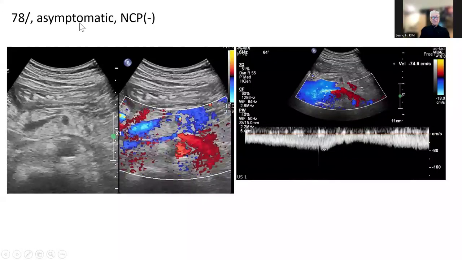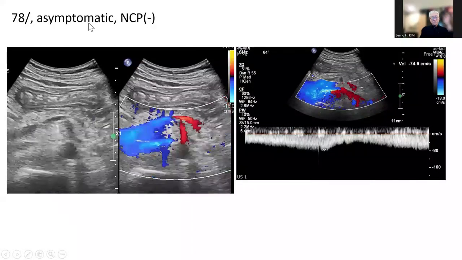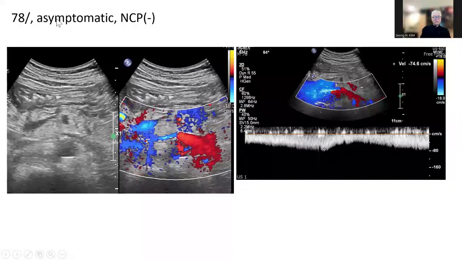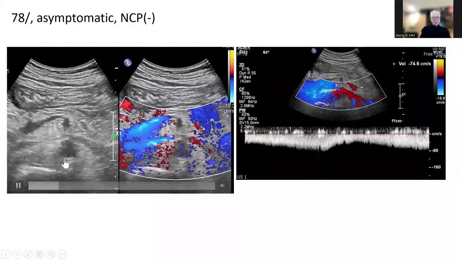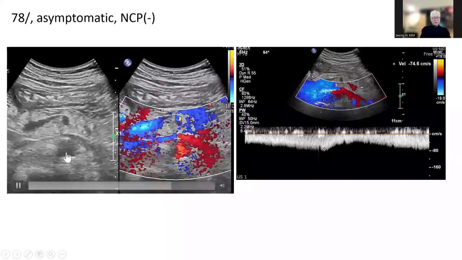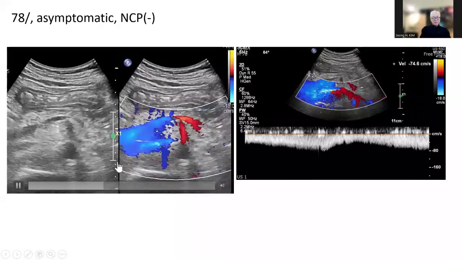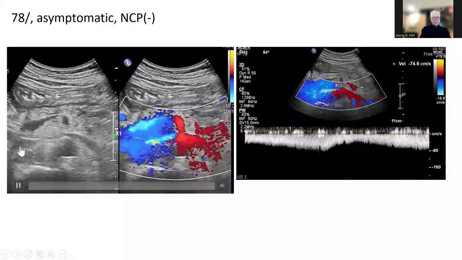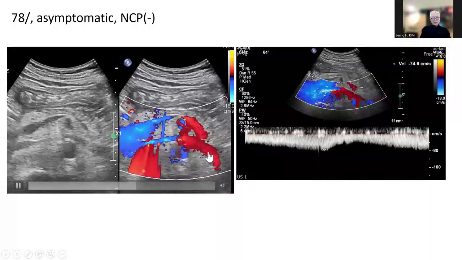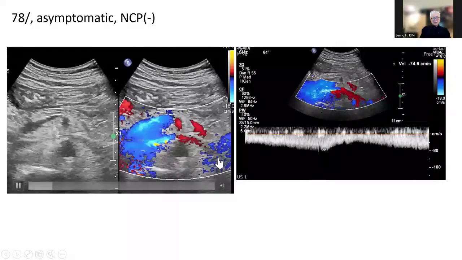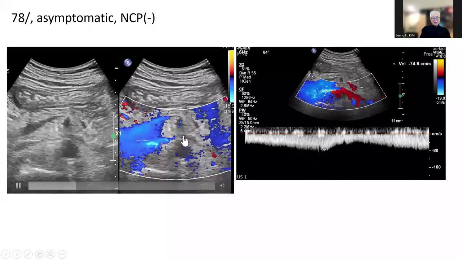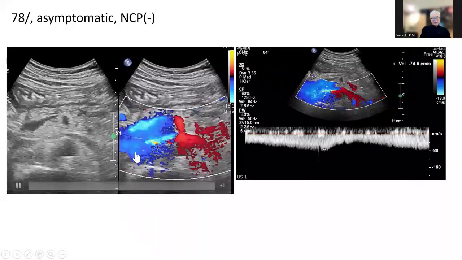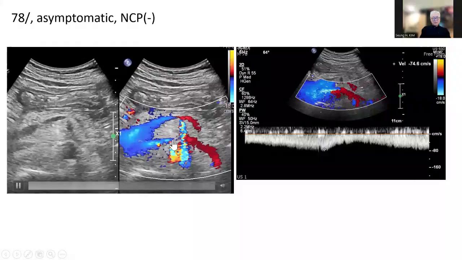This is a 78-year-old asymptomatic patient, and the grayscale shows quite a wide aortomesenteric space, and the left renal vein runs here. For the flow signals of the left renal vein, we see red colored flow here, and we see a little bit of bright color here.